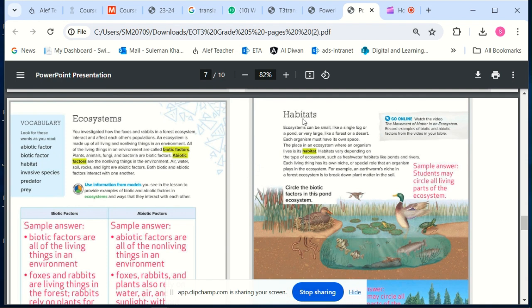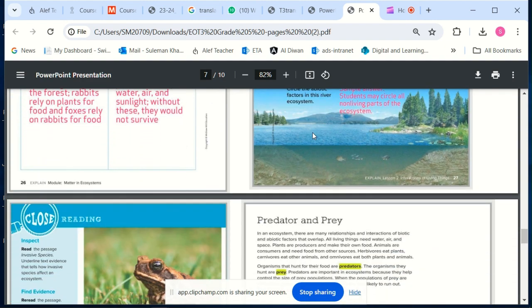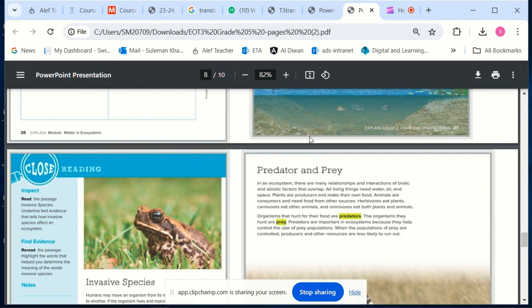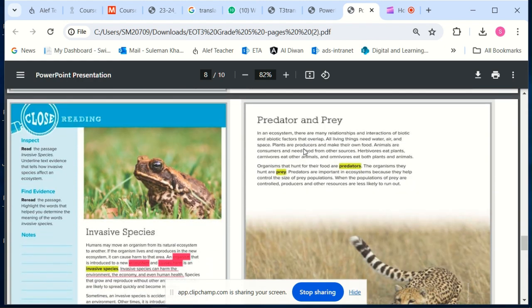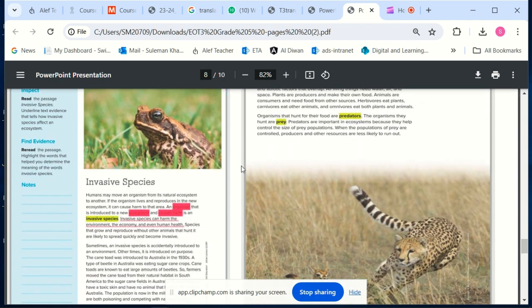The kalima habitat is the place where حيوان and nabat live. Bait for حيوان and bait for nabat is habitat. Okay. So living things have relationships. If you bring new حيوان to somewhere far from another country, this is called invasive species.